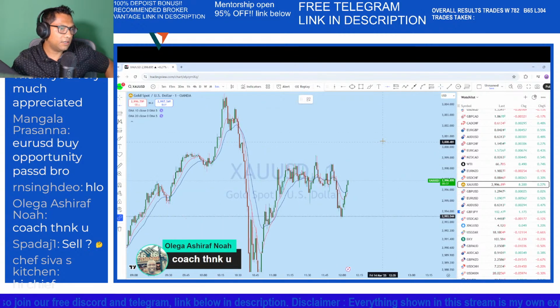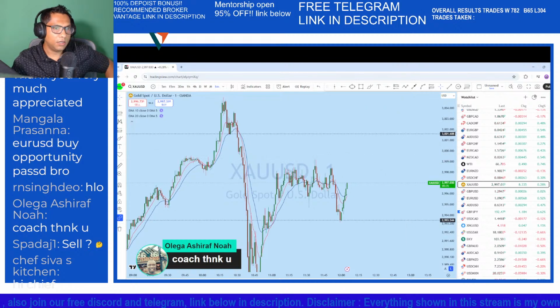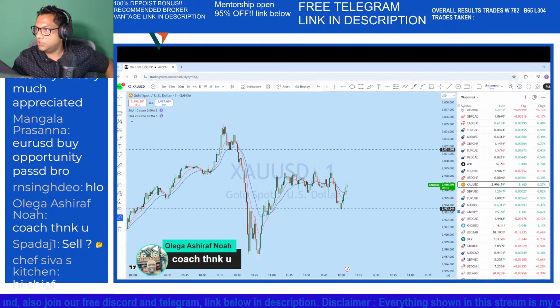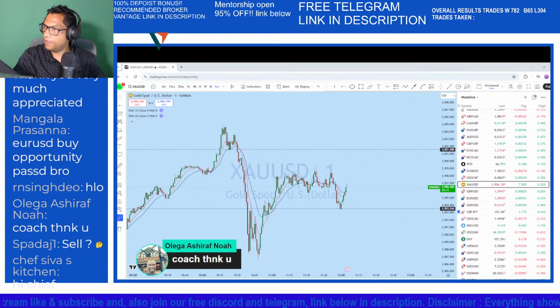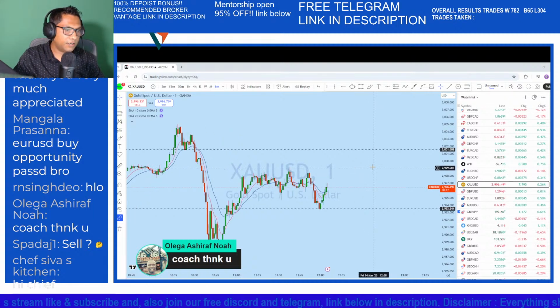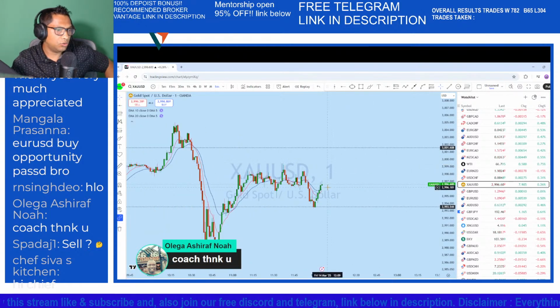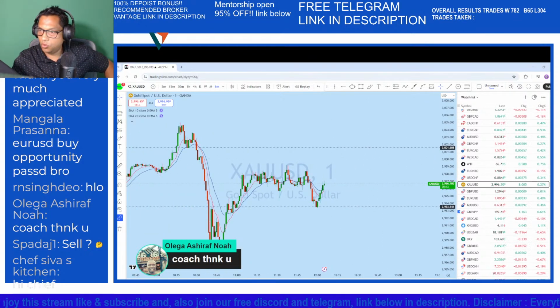And if in case it manages to break out, it could even go back to the 3000 level, which is possible. So if the market manages to bounce here, it might even go back to the 3000 level.